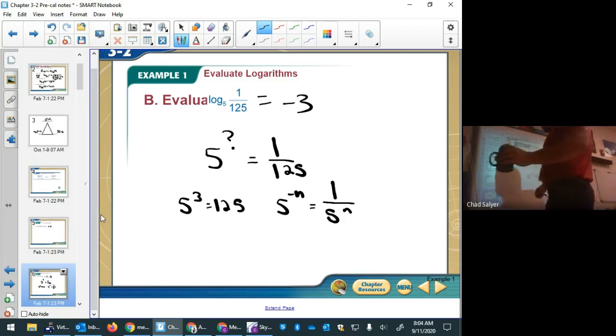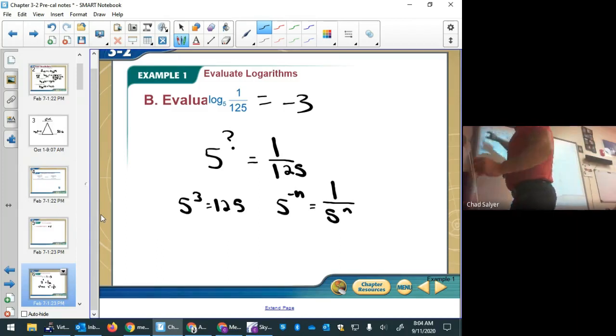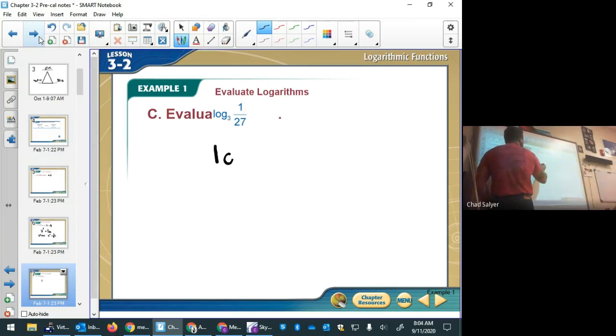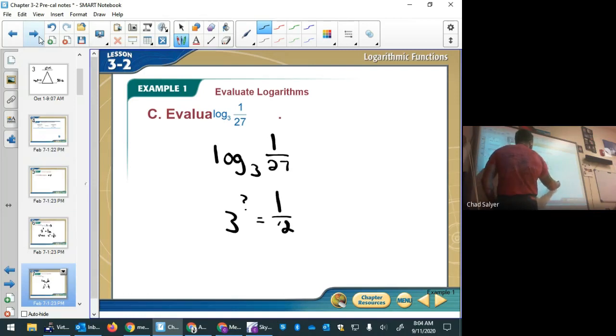Okay, moving on to the next one. Example 1, part C. Log base 3 of 1 over 27. Once again, asks us 3 to what power equals 1 over 27. So let's see here. Riley, what do you think about this one? Negative.